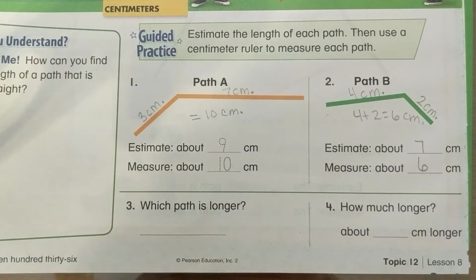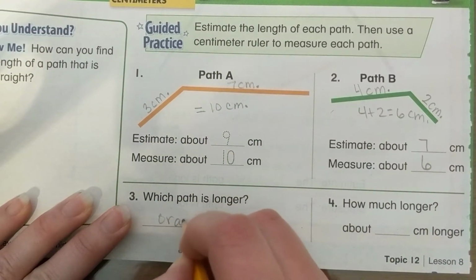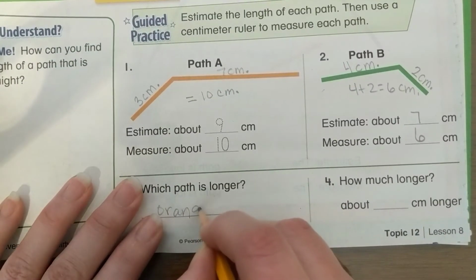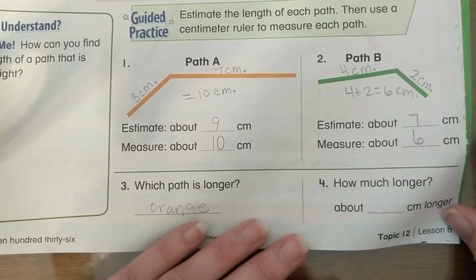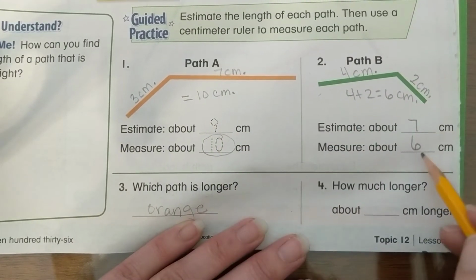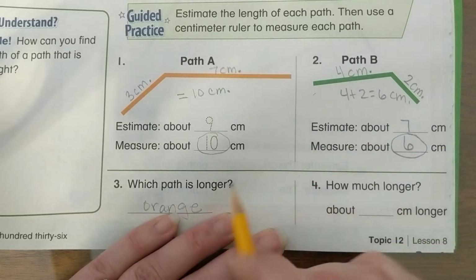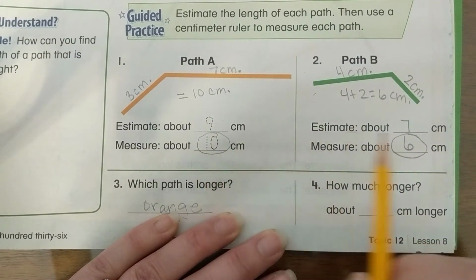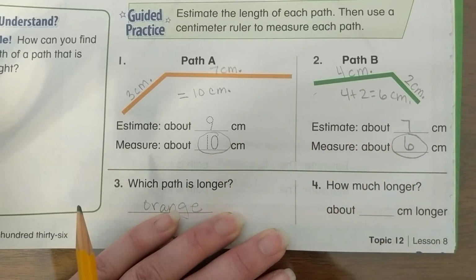So which path is longer? This orange path. How much longer was the orange path? The orange path was 10. The green path was 6. So we're comparing. Whenever you want to know how much one thing is more than the other, you always subtract.